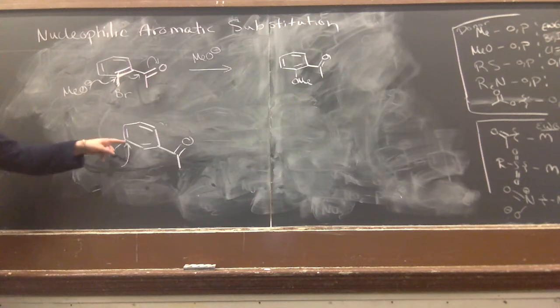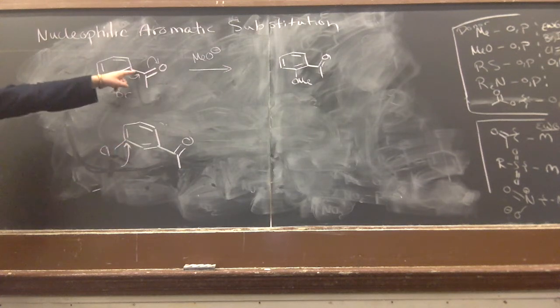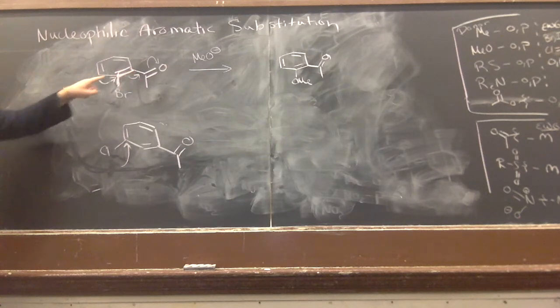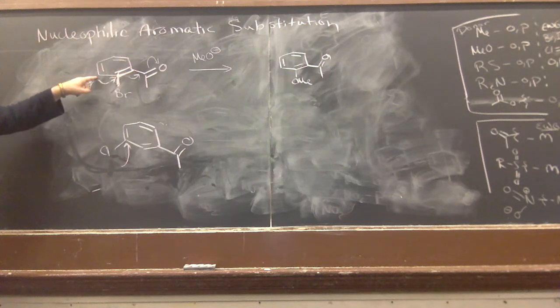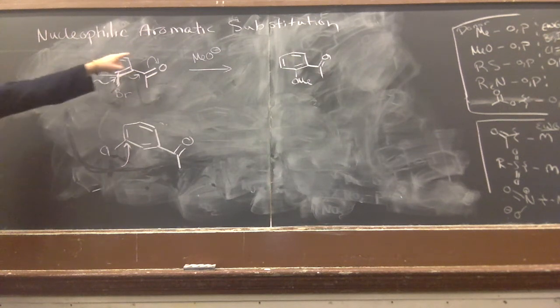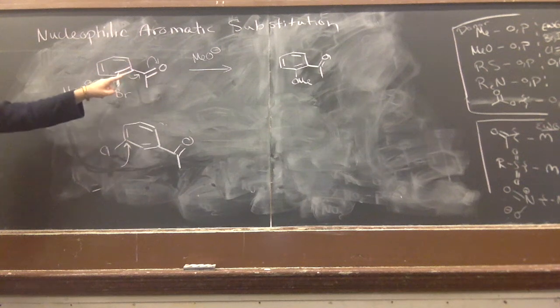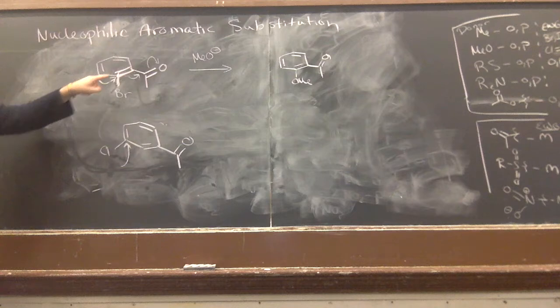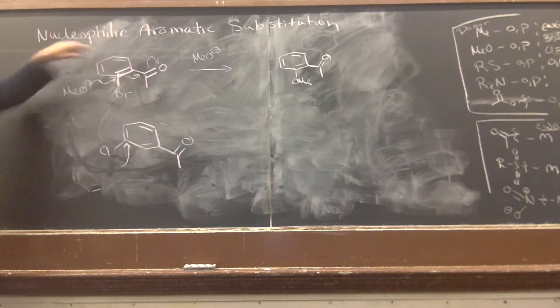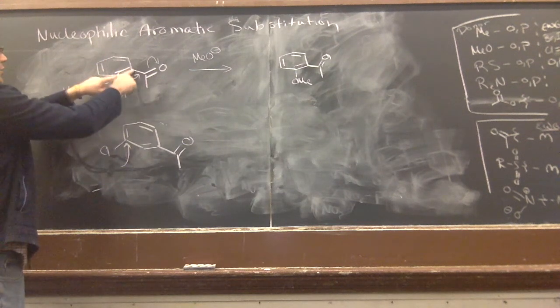In this case, we can't attack there because, in essence, of the resonance form, which is basically a negative charge. When it attacks here, the negative charge can be here, here, or here.